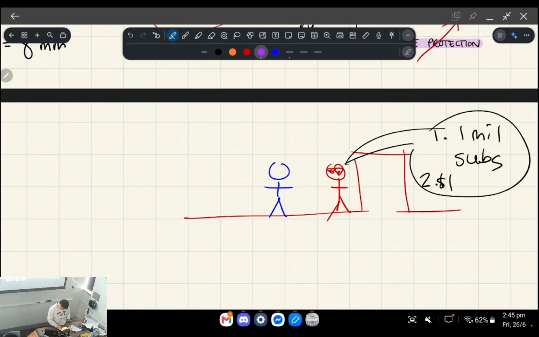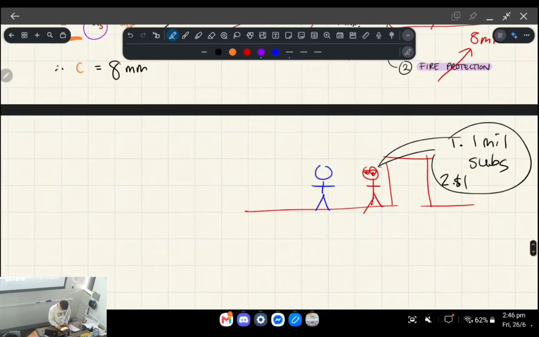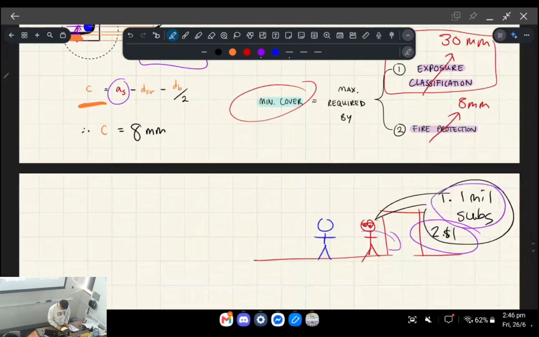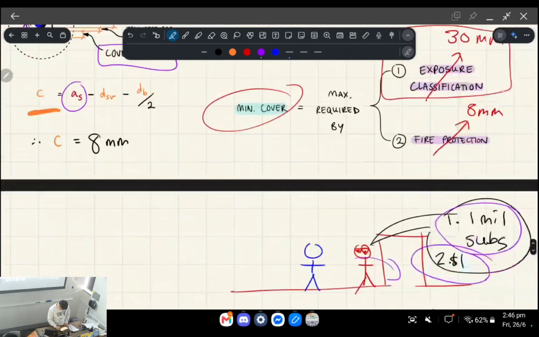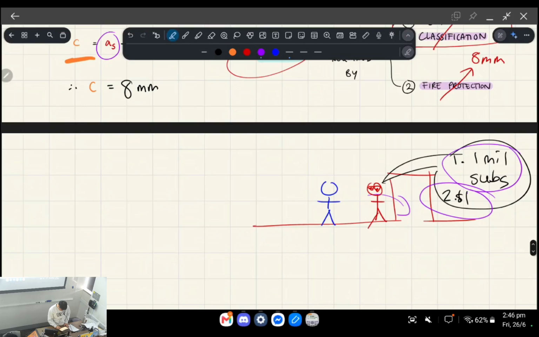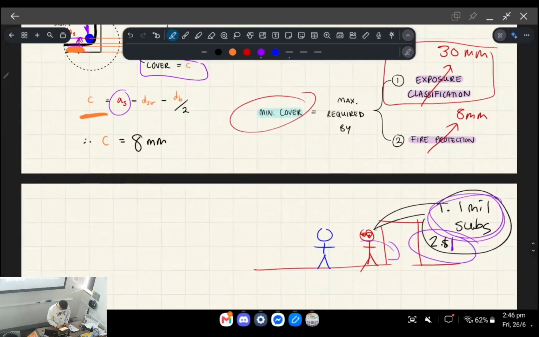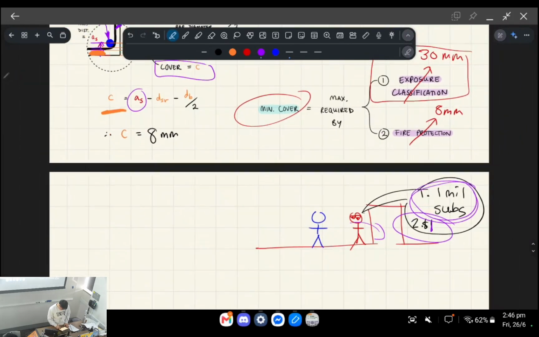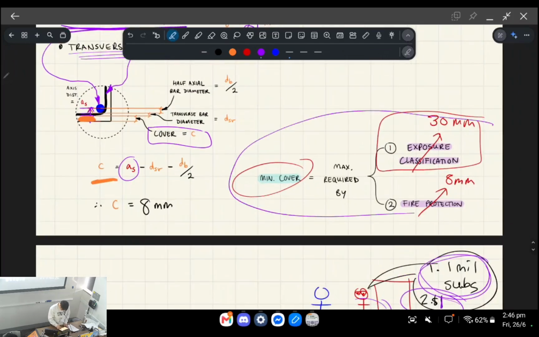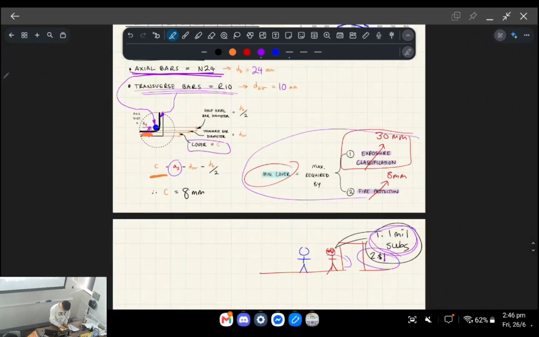So the idea is you need to fulfill at least one of these requirements to get in the door. And if you had only, let's say, $1, but 1 million subscribers, essentially, okay, my analogy is breaking down, but if you think about it, this logic makes sense, all right?